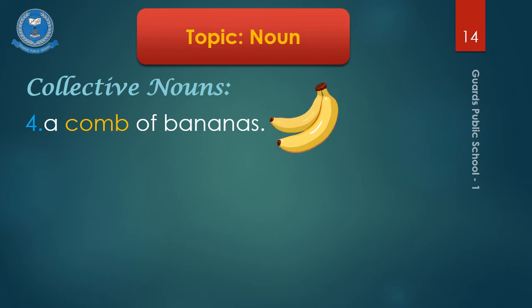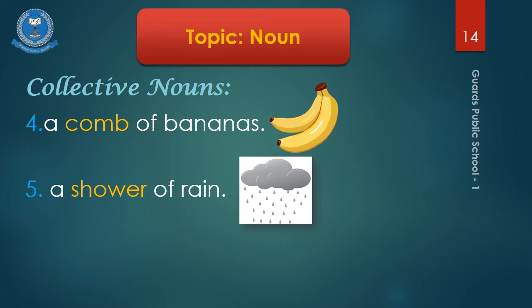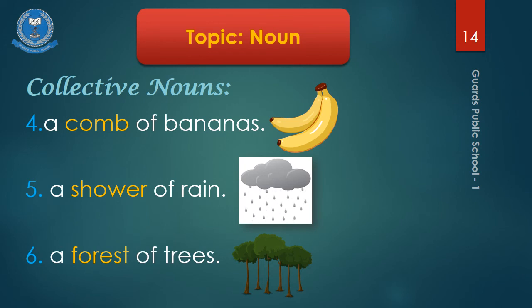Moving to number 5, and number 5 is rain. Now, what collective name can be given to rain? Yes, it's a shower of rain. Number 6 are trees. See, is it a single tree here? No, it's not a single tree. So, the collective name given to trees is a forest of trees. Right?